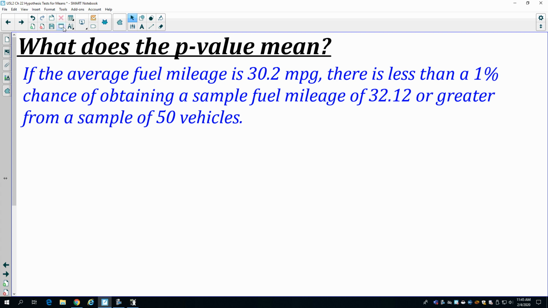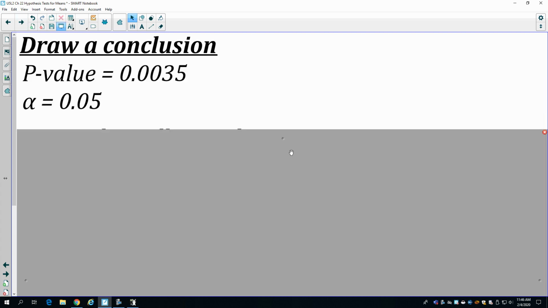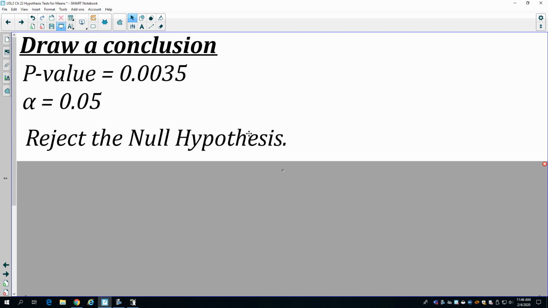There's a 1% probability that we get a sample of 50 trips with an average fuel mileage of 32.12 if the true fuel mileage was 30.2. So that's almost impossible, close to zero. So we are going to reject the null hypothesis.